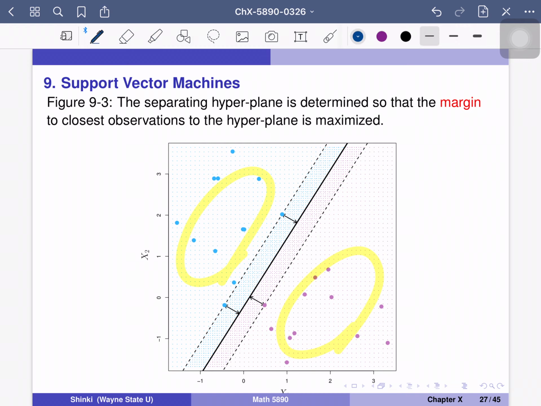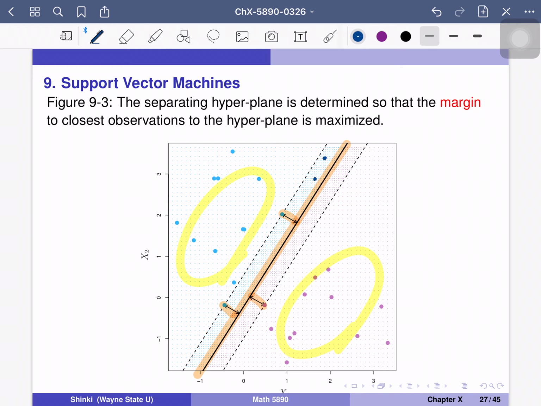But we want to, at the same time, maximize this margin. So basically, we want to maximize the smallest distance from an observation to the separating hyperplane.